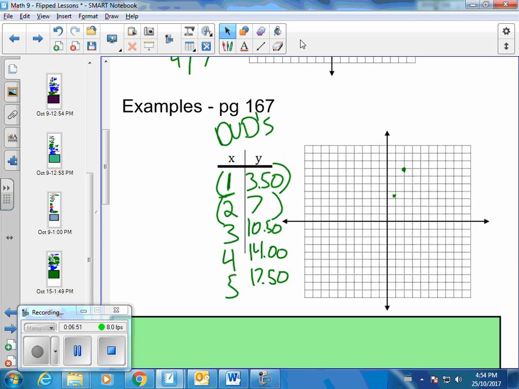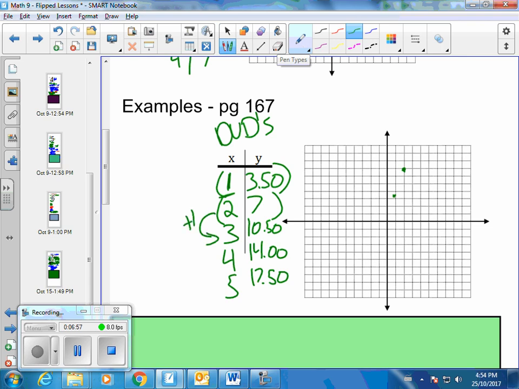If we want to look at it as if we were doing an equation, we have to look at this as plus 1 and this as plus 3.50. We can also notice that I can predict points based off my movement. So I'm moving plus 1 on the x-coordinates. That means I'm going to be going plus 1 that way.